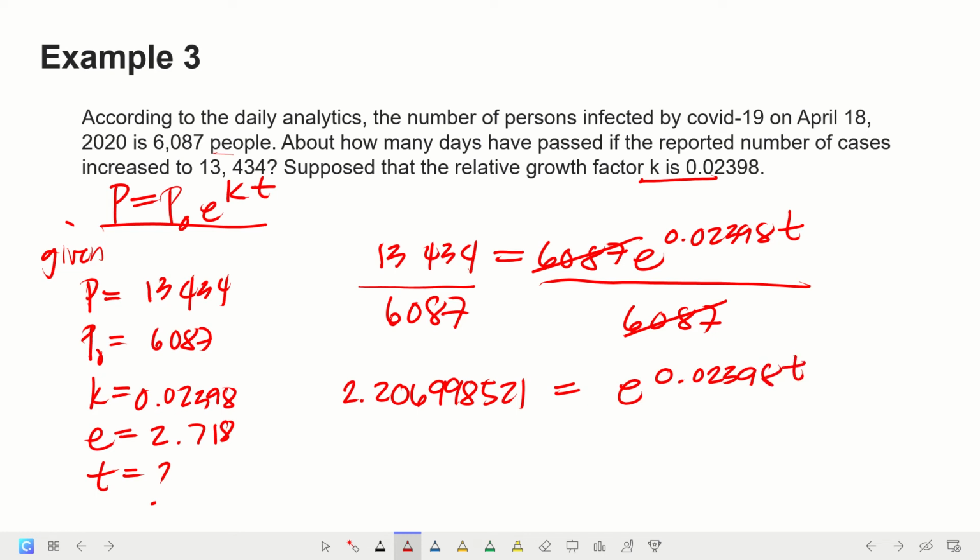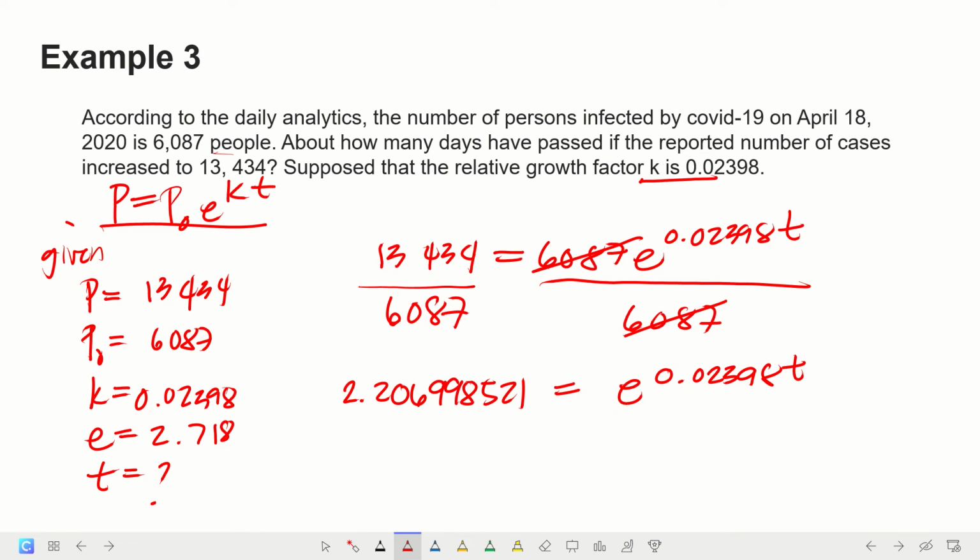According to solving exponential equations, we need to look for the common base. What is the common base of these two, e and 2.2 something? It is difficult to look for the common base because these are both irrational.